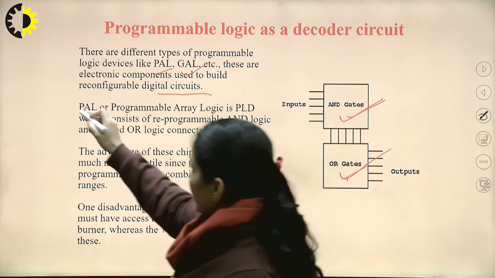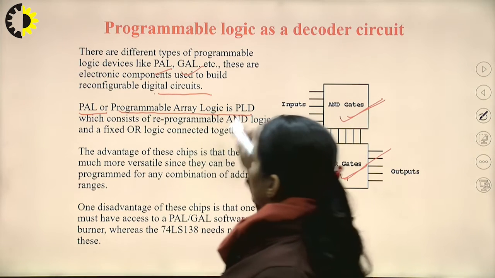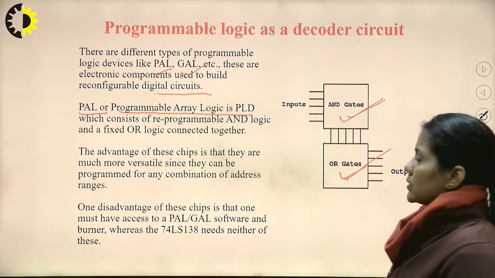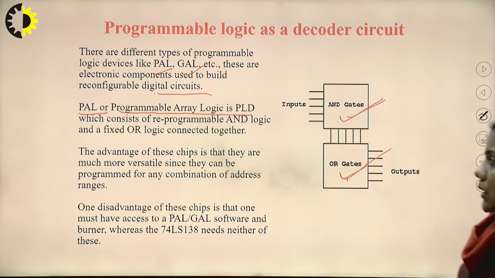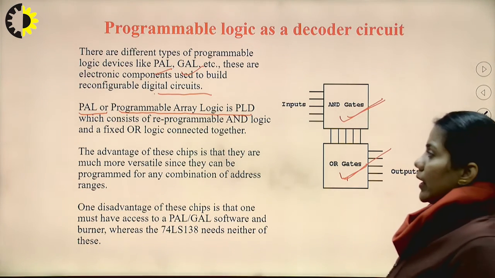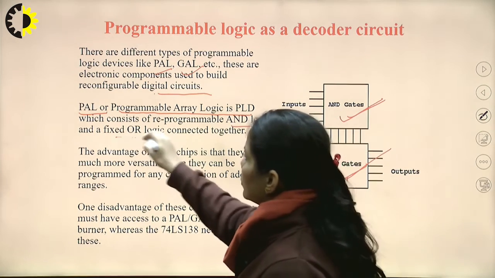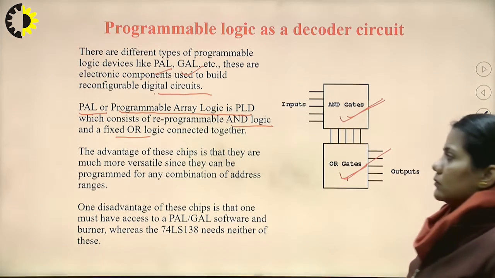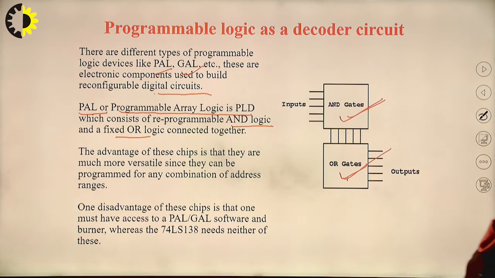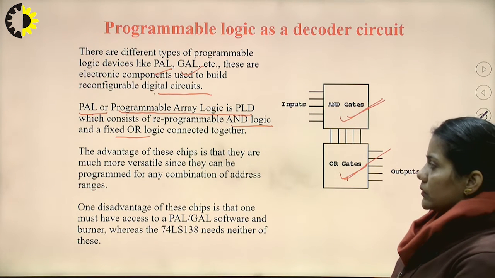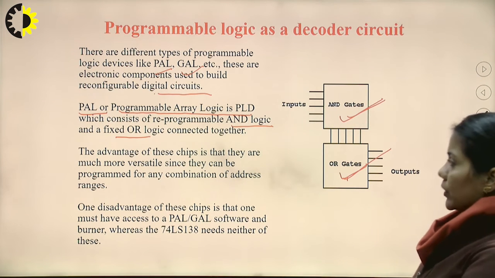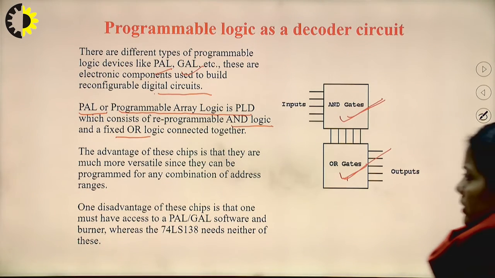So PAL, or the programmable array logic, is a PLD. That is, the programmable logic device consists of a reprogrammable AND logic and a fixed OR logic connected together. The advantage of these chips is that they are more versatile since they can be programmed for any combination of address ranges.